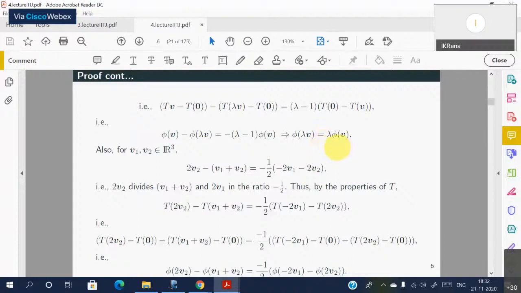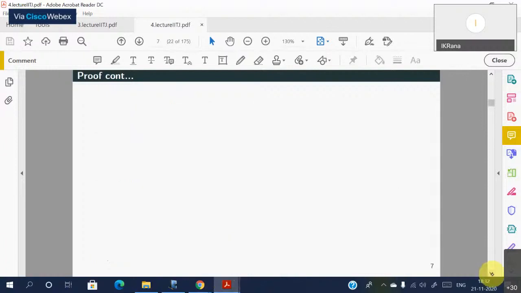Similarly, the other one we have already done. Finally, in terms of phi, that is phi of 2V minus phi of V1 plus V2 is equal to this, so that gives you phi of V1 plus V2 is equal to this.